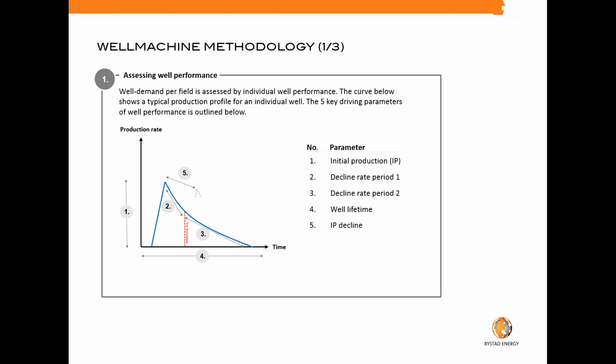Number 2 is decline rate to the end of plateau production. Number 3 is the decline rate to the end of the well lifetime. Number 4 is the well lifetime itself. And number 5 is the initial production decline.